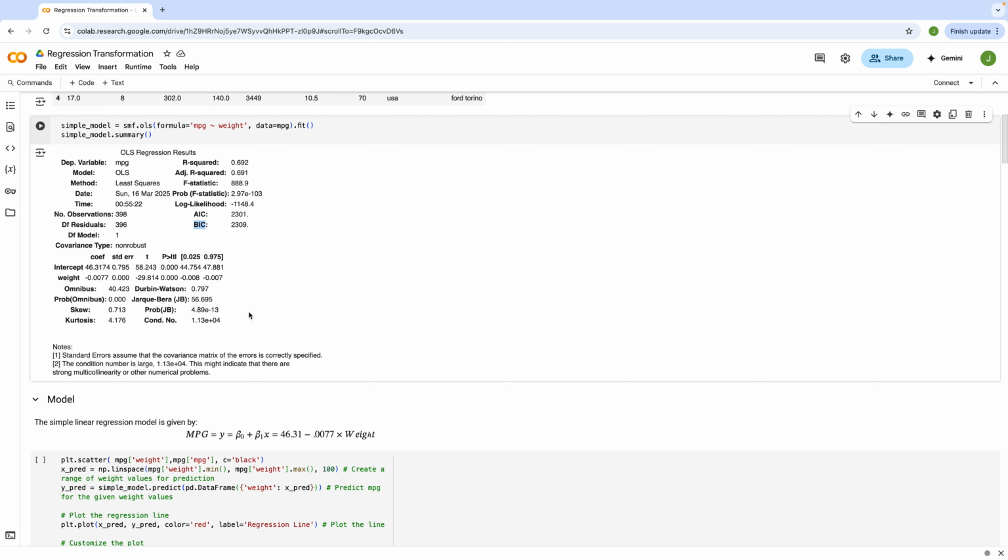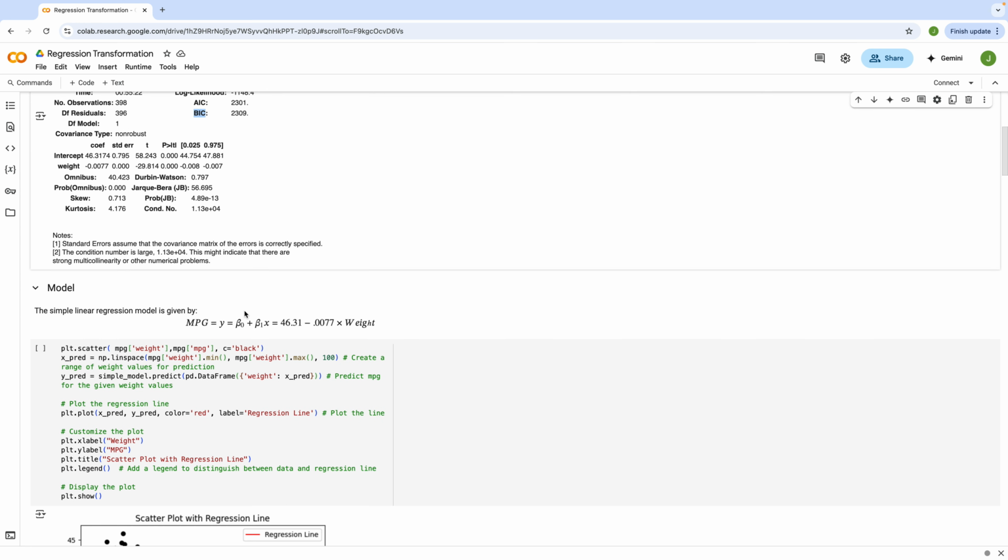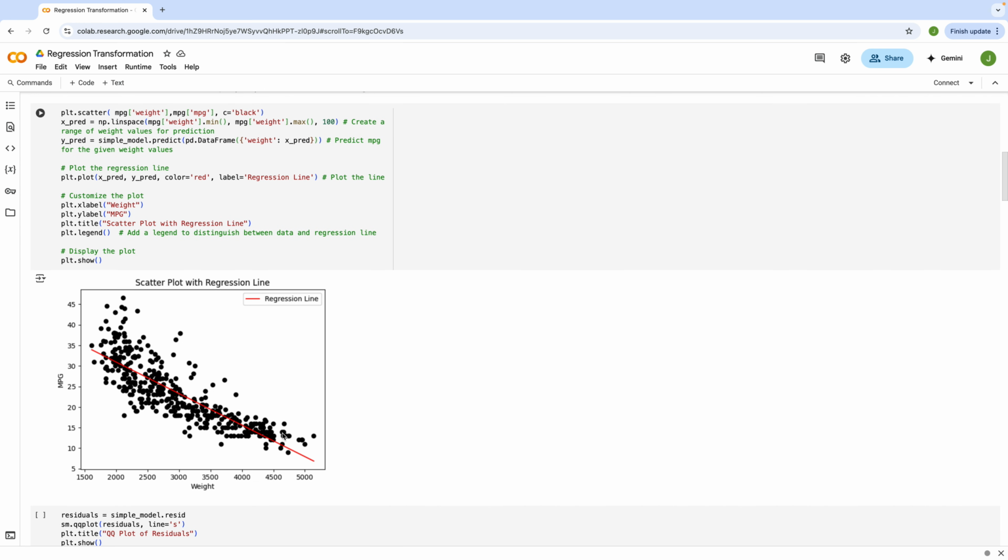One way to assess how well this model performs is to look at the graph of the regression against the data. And we can see, hey, look, it doesn't do bad on average, but there's usually cars that are both above and below that weight variable.